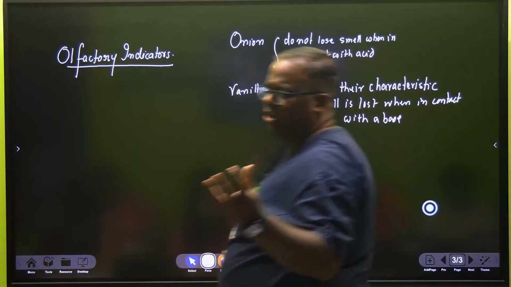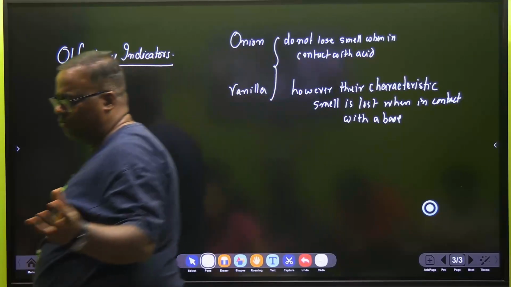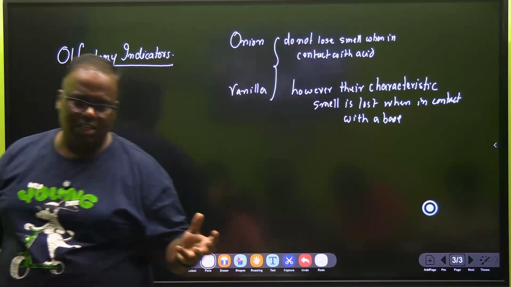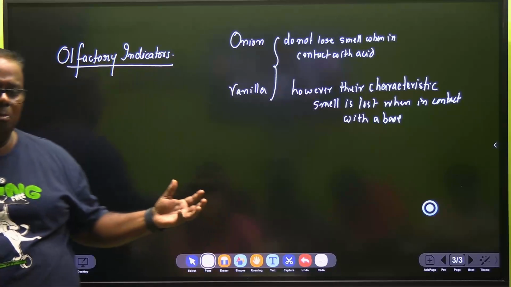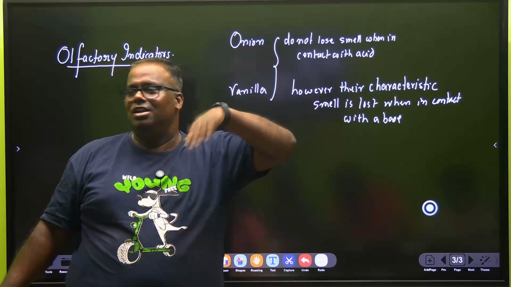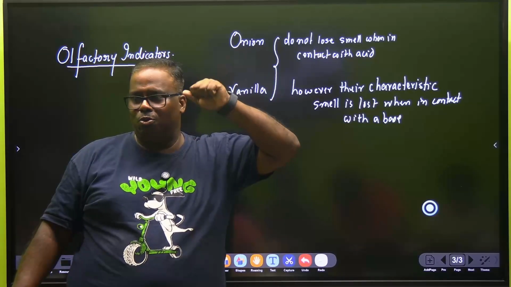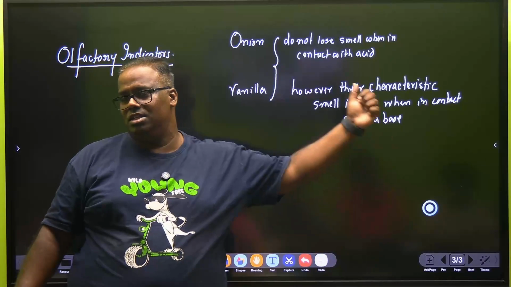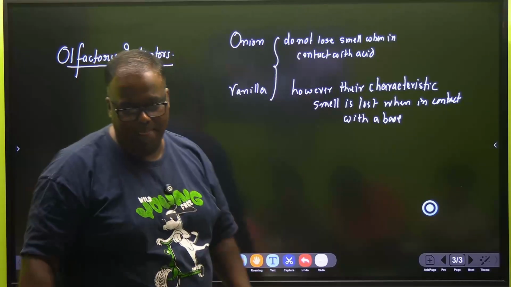A katora or a bowl which was kept for storing slices of onion, can you wash it with water and kill the smell? No, you will be using Pril or Vim. What is that? Base. So when you pour base on vanilla or on onions, they lose their characteristic smell.